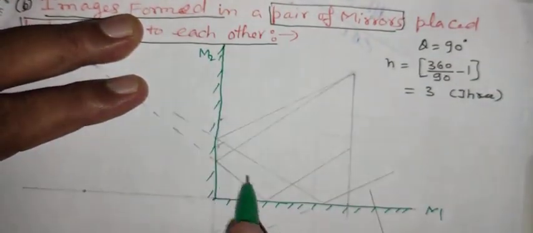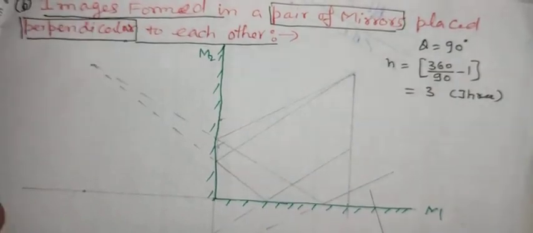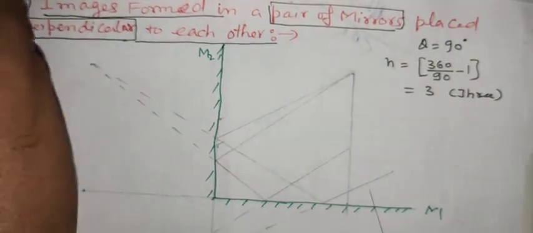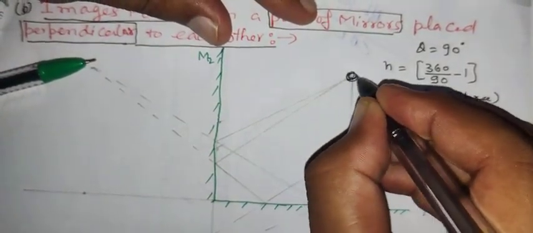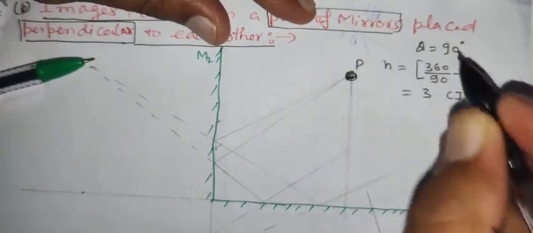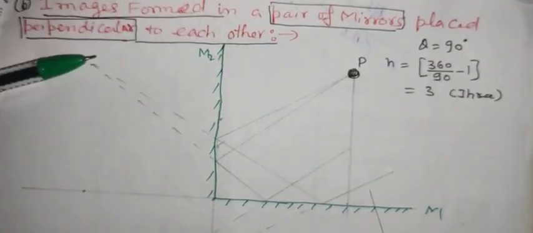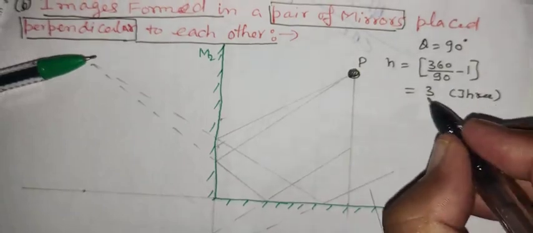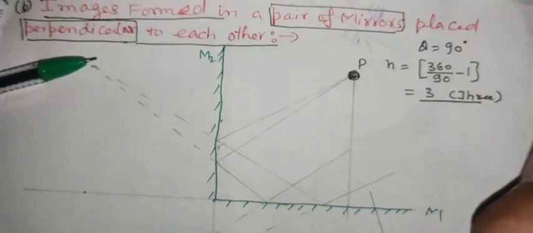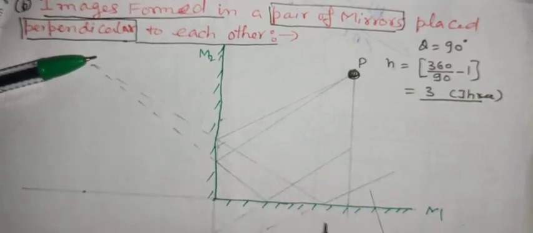Both are kept mutually perpendicular to each other. Here in this case, we are going to take a point object P and see how the 3 images will be formed by keeping this pair of mirrors perpendicular to each other.